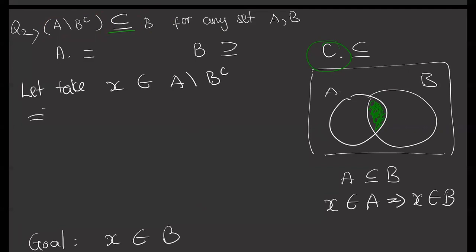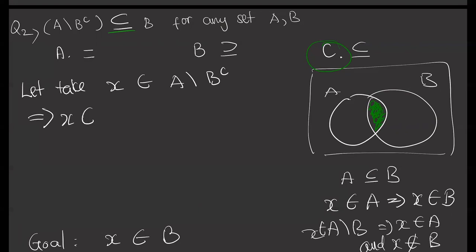Okay, and from here we use the set definition. I told you if X is in A excluding B, it means X is in A and X is not in B, right? So here we can say that X is in A and X is not in, in the position of B here, it is actually B complement.